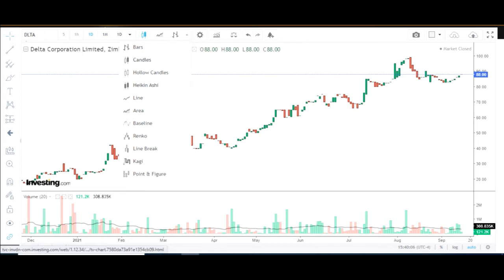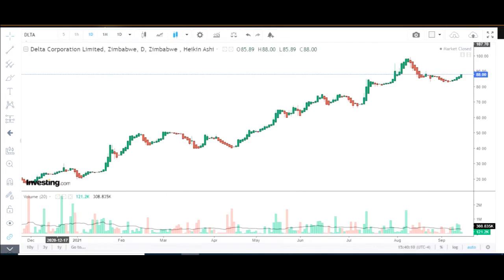So in order to improve the way our candles are looking, we use Heikin Ashi candlesticks. After applying these Heikin Ashi candles, you can now see clearly and in a smooth manner how this trend has been going, and you can see that we have moved from a price of around 20 local dollars to the current price of $88, which is an upward trajectory, or the trend is upward.